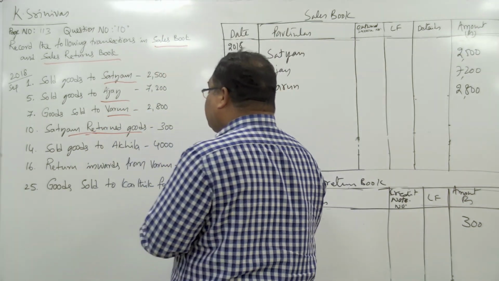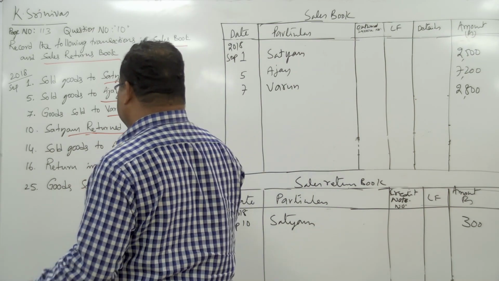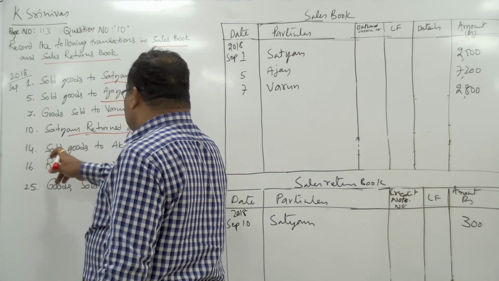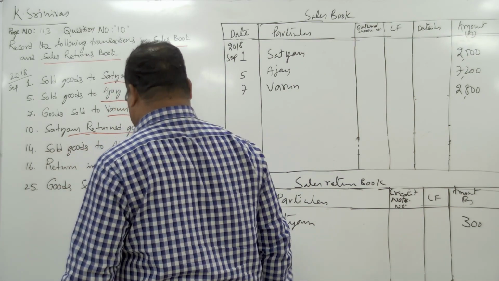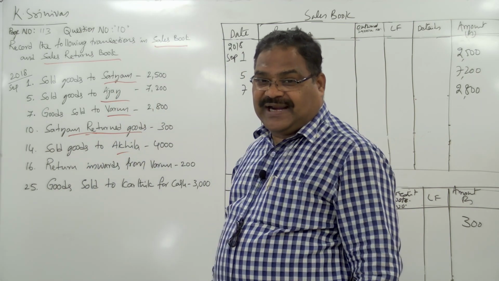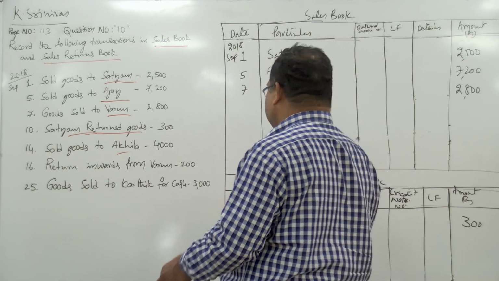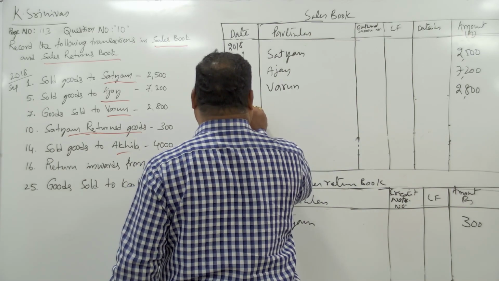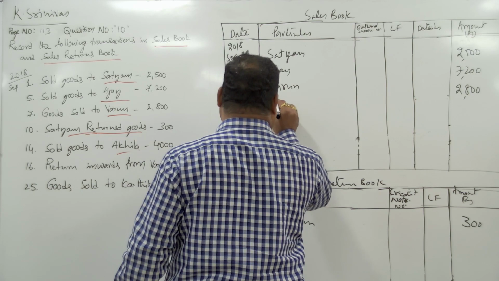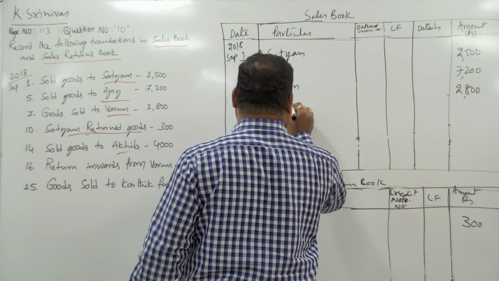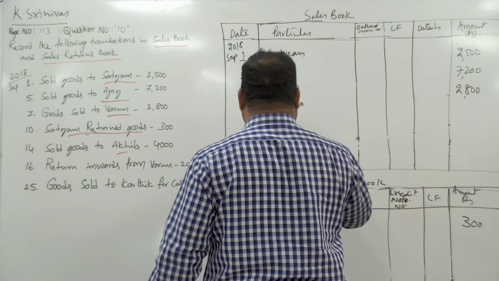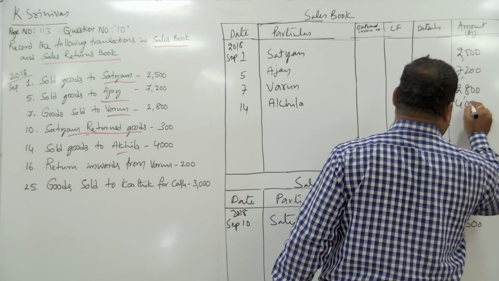Next transaction is here. Sold goods to Akhila. We sold goods to Akhila on credit. Should be taken into the sales book. 14th, Akhila, rupees 4,000.